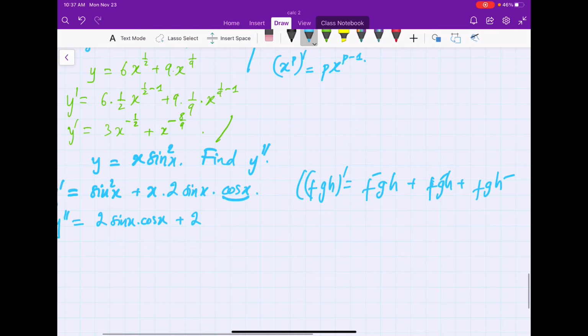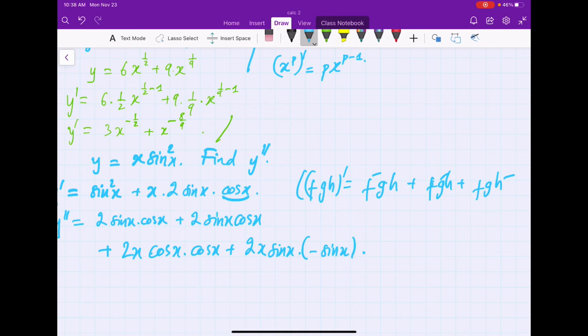So I write 3 terms right here. f is just x, but the first derivative of x is just 1, so it's 2 sine x cosine x. The next one, 2x times sine's derivative is cosine x times cosine x. The next one is 2x sine of x, and then the derivative of cosine is negative sine of x. Okay, so you might leave the answer like this.